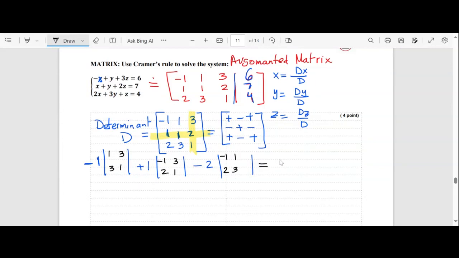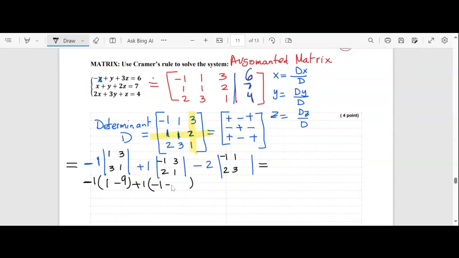Now, how much is all this? So let's do it at the bottom here. So it's going to be negative 1, 1 times 1, minus 3 times 3, which is 9. Okay? Plus 1.